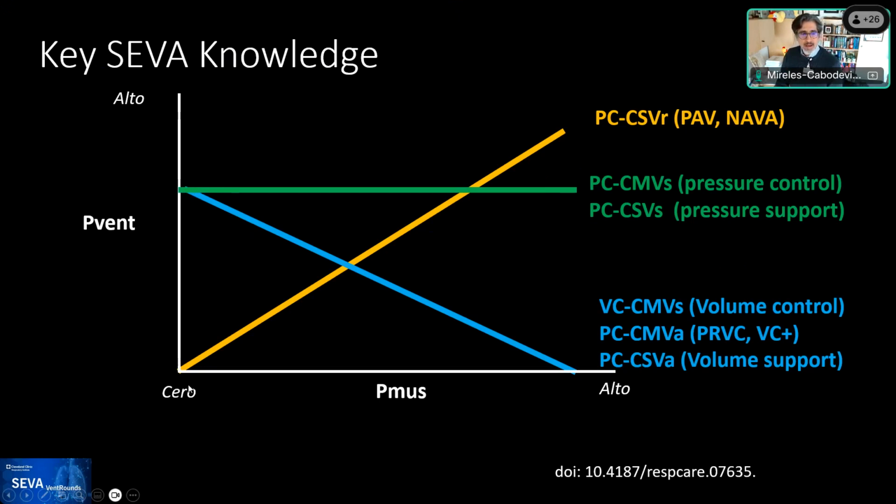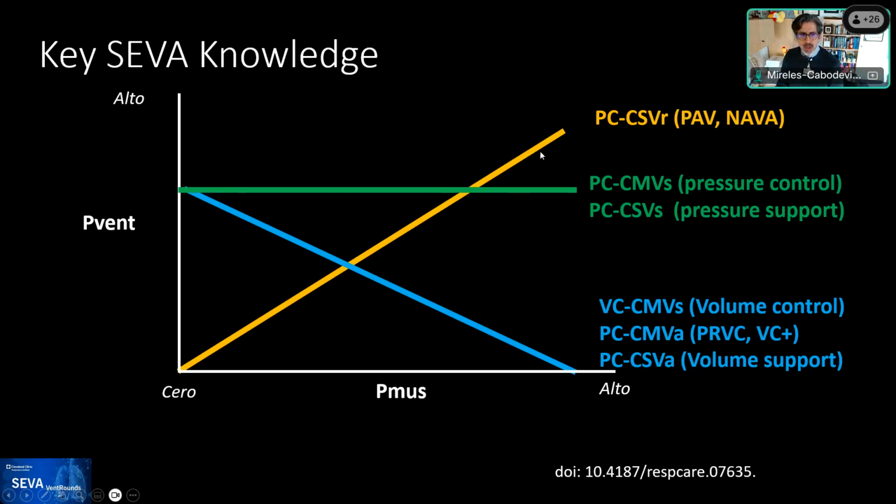And then less available, but available nonetheless, is as the patient does more effort, the ventilator delivers more pressure, and those are the modes that use servo targeting. The two modes that do this in relationship to the intensity of the PMOS are PAV and NAVA.